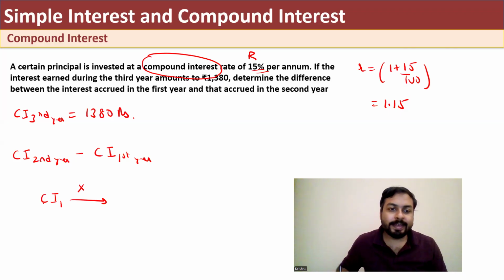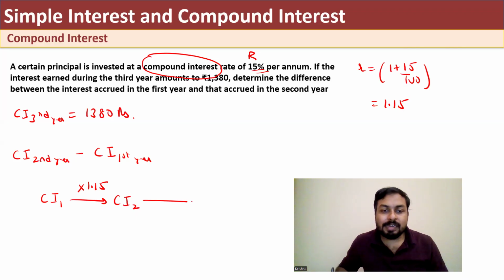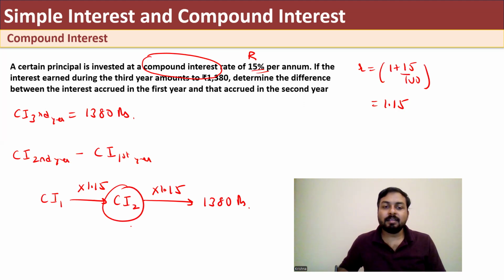If I multiply the compound interest for the first year by 1.15, I'll get the compound interest for the second year. If I multiply the compound interest for the second year by 1.15, I'll get the compound interest of the third year, which is 1380 rupees given in the question. So that makes my job easy. Can I not find the compound interest for the second year? It will be 1380 by 1.15.